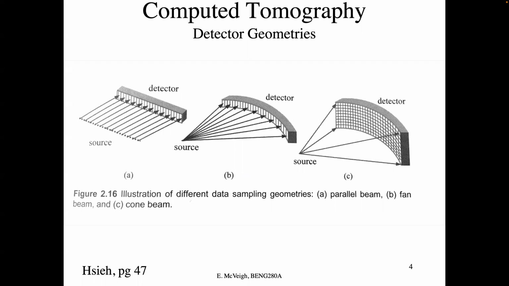To date, all we've really looked at in terms of understanding reconstruction is this middle case, where we've looked in 2 dimensions. We have g(l, theta). We haven't really looked at what the consequences are of having a cone of X-rays in the Z direction, and we won't.